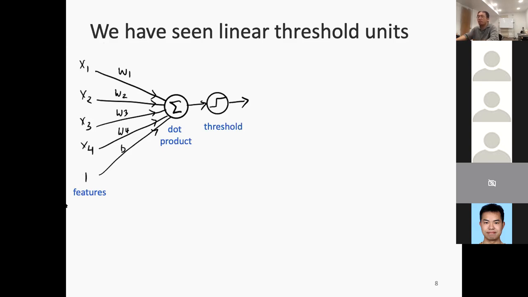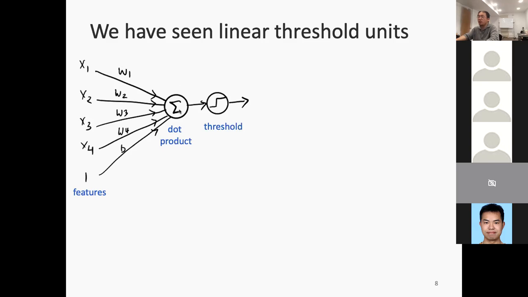Those features are collected and sent to an intermediate node. So how are those features integrated? For each feature, on the edge which connects this feature and the dot product node, we have a feature weight: W1 for X1, W2 for X2, W4 for X4, and also the bias parameter B for the constant feature 1.